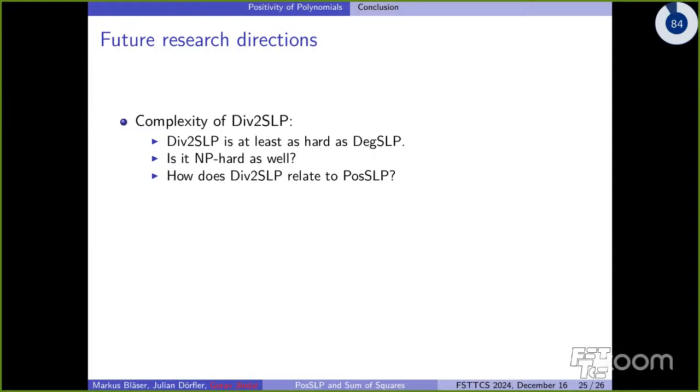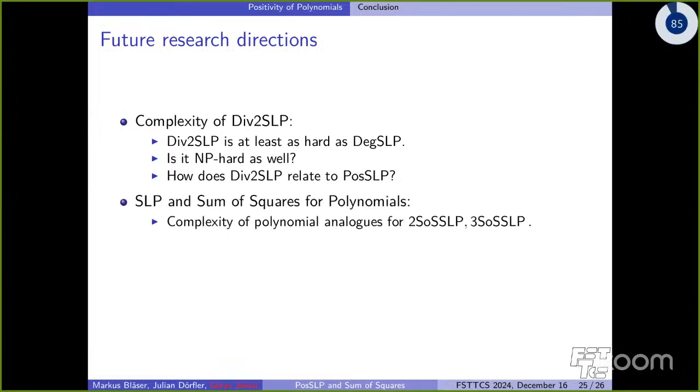Right. So for future work, I think this new problem is quite interesting. It relates to PosSLP in a very natural way, and we do not know any hardness results for DEG2 SLP. Can we prove at least some hardness for DEG2 SLP? It seems to have no connection with PowerSLP as of now, but it might be interesting to see if there is any connection between these two problems.